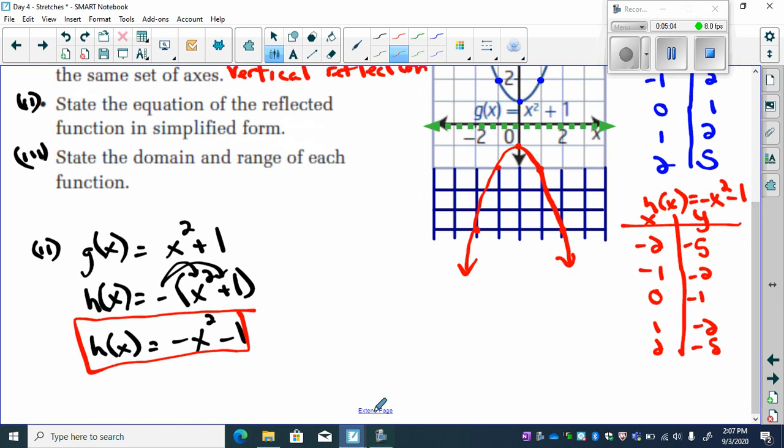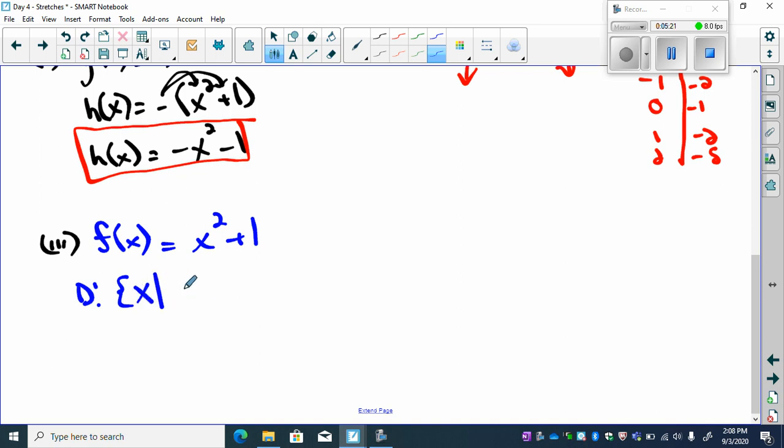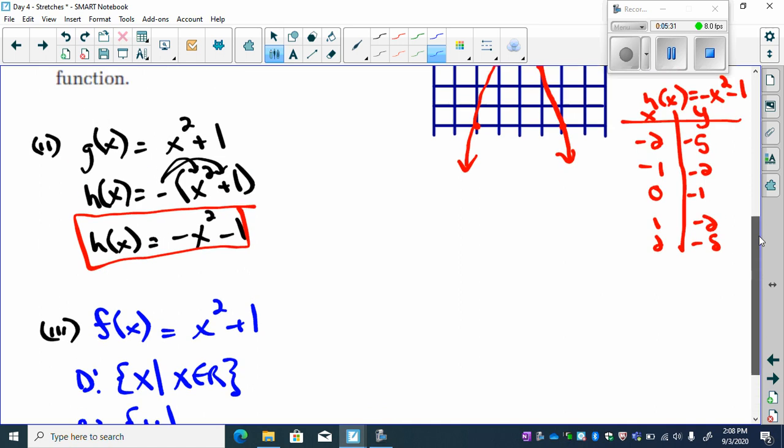Okay, so step 3. For the domain of g of x equals x squared plus 1, the domain in set notation is x such that x belongs to the real numbers. And the range will be y such that, let's look at the blue curve.